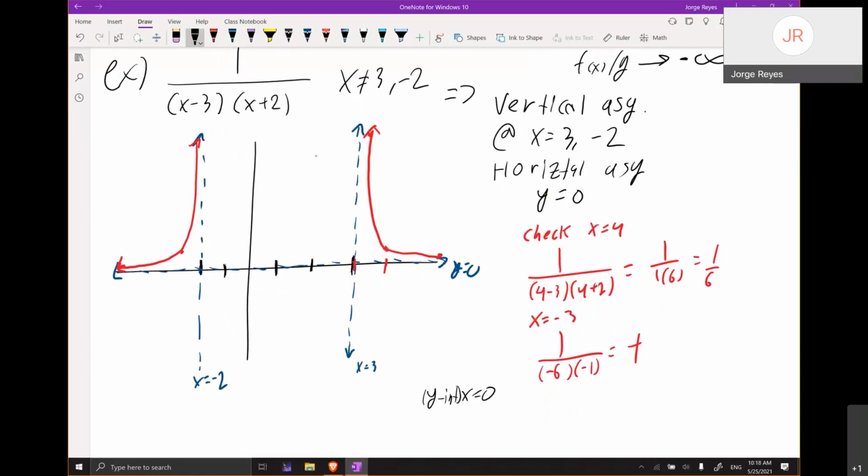So if I plug in 0, I get -1/6, which means the y-intercept is here, which tells me I'm on the bottom half, because we normally don't cross the asymptotes, so you can just guess it's this thing, okay?